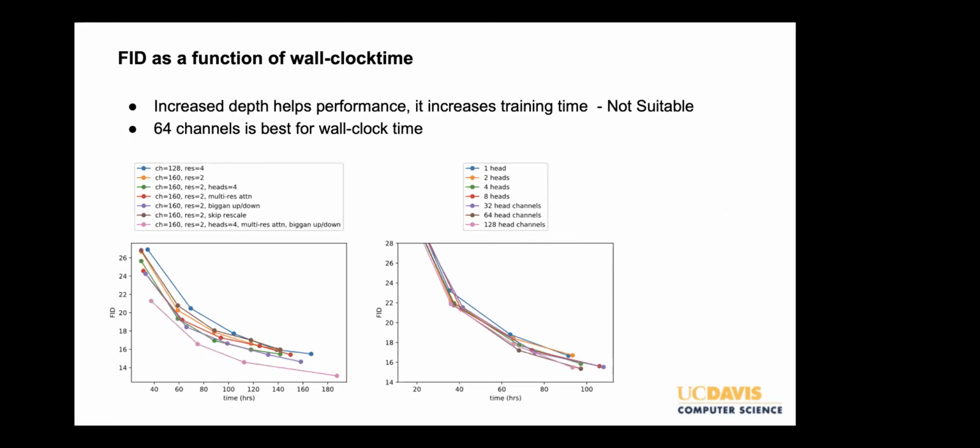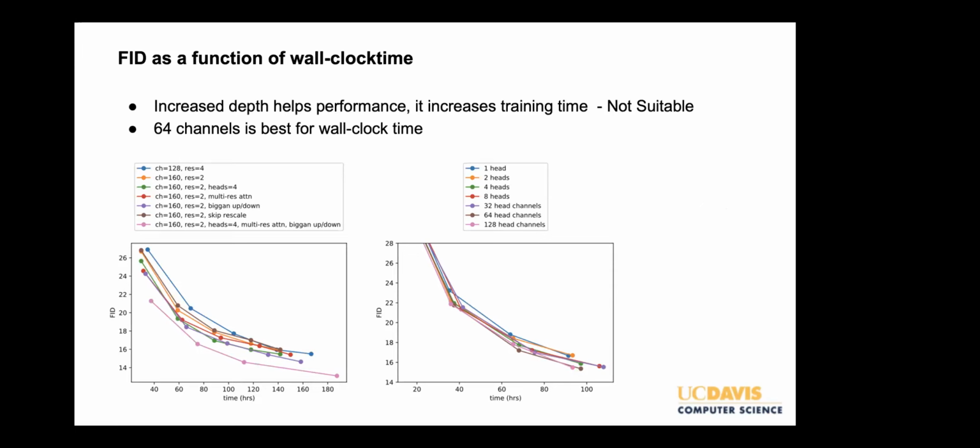So when evaluating the FID as a function of the clock time, the authors analyzed that the increased depth helped the performance to be better. But it increases the training time and takes longer to reach the same performance as a wider model, and hence they decided not to use this change in their experiments.